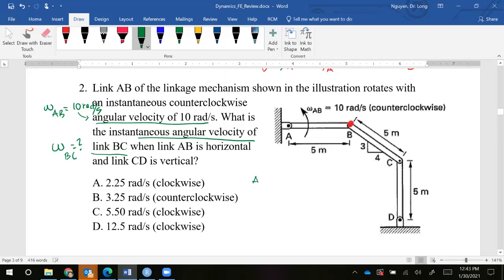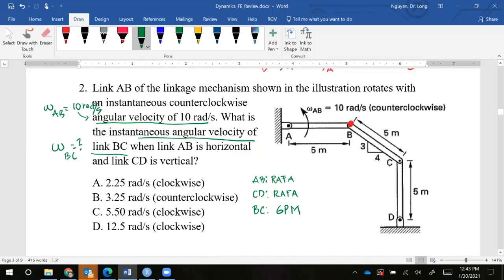Similarly, CD rotates about D, so CD is also Rafa, rotation about a fixed axis. And then BC, general plane motion.